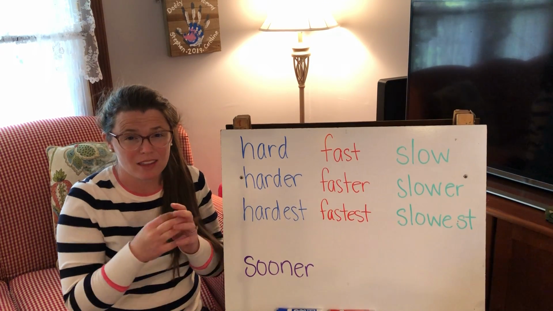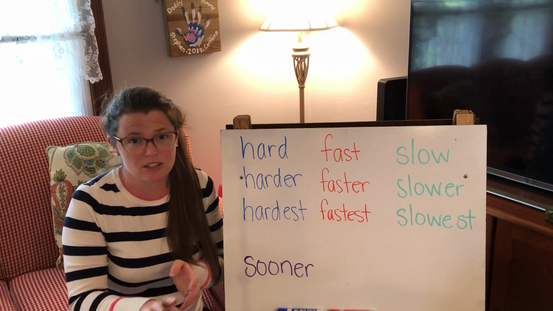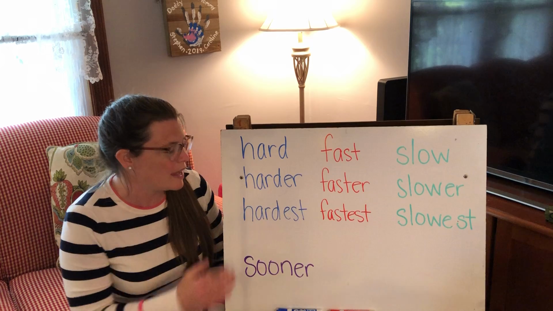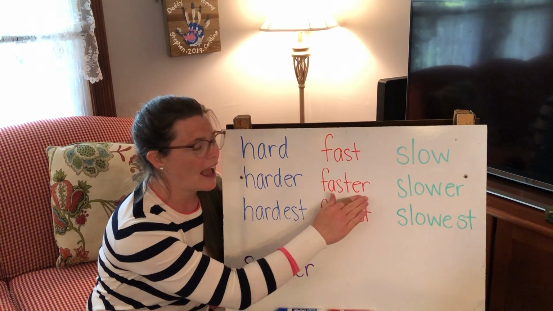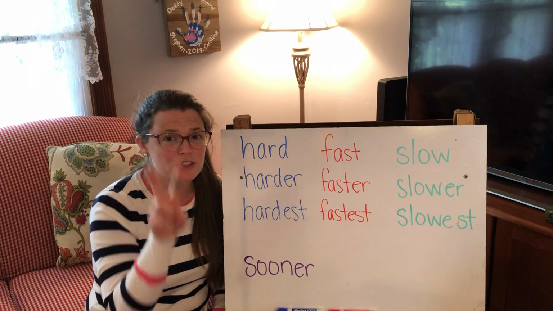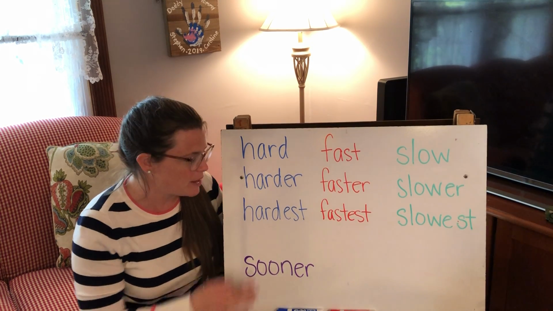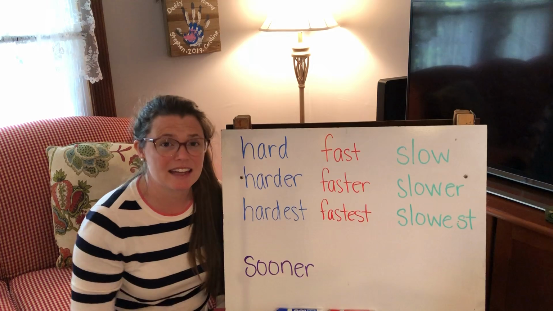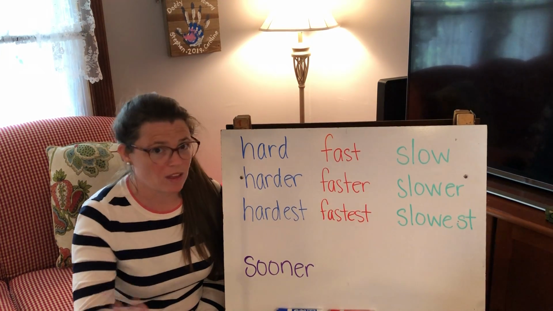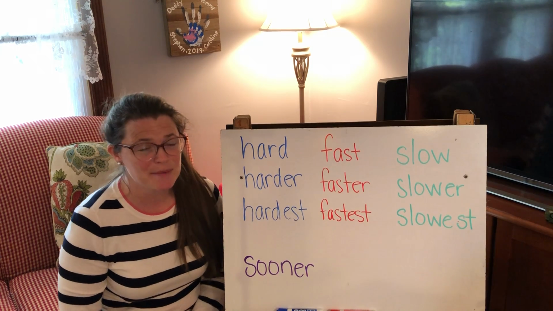So I'm comparing the snail to the other racers, and he was the slowest of all of them. So when we have that er ending, how many things are we comparing? Two things. If we have the est ending, we are comparing more than two things, okay?